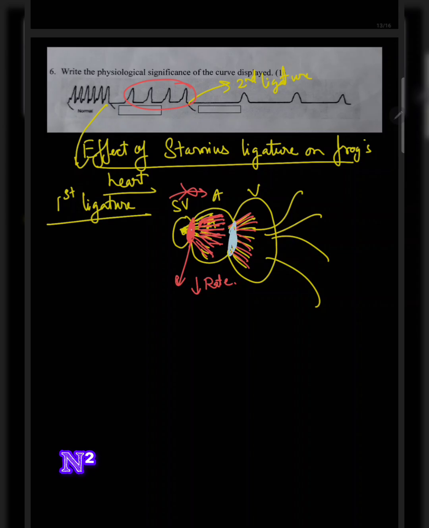Now supposedly in the next phase, along with the first ligature, you are also tying a thread here. This is called the second ligature, so this is the first and the second ligature. Now in this experiment, the sinus venosus signals are also not coming to the ventricles, as well as the signals that should have been coming from the atria are also not coming.